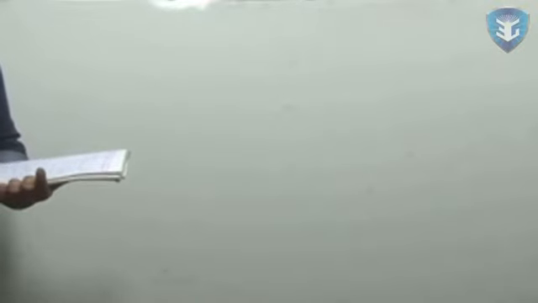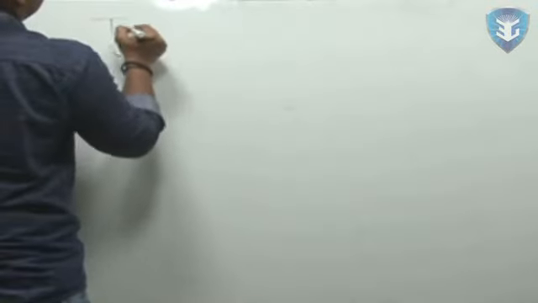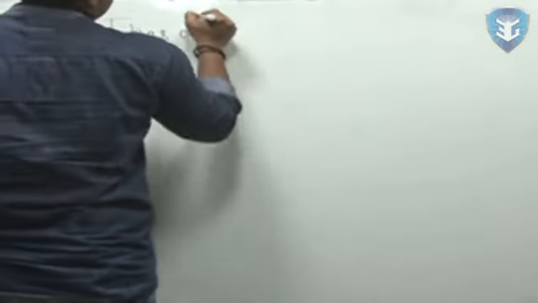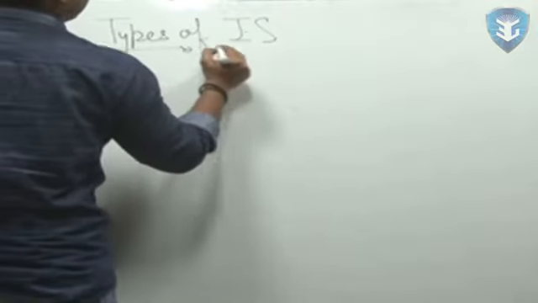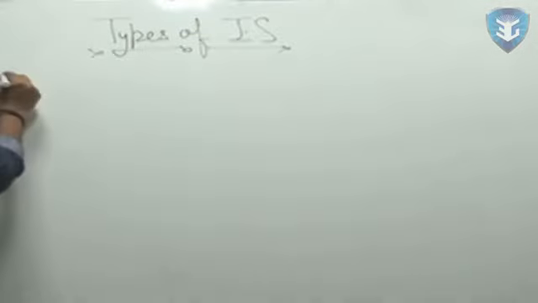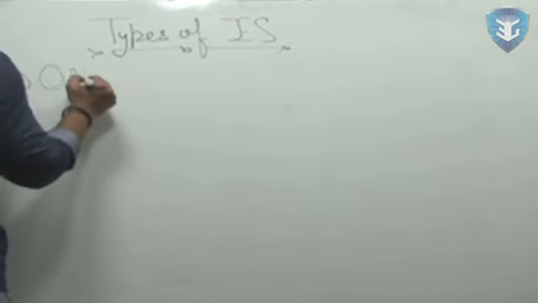Now that we know the different levels of information, we are going to study information systems. Types of IS, which is information system. The first one is Office Information System.